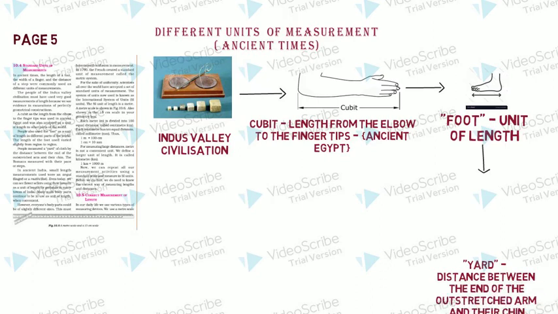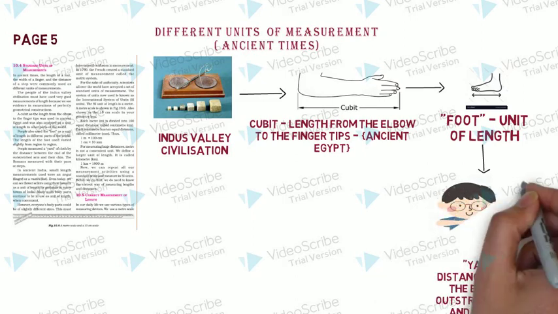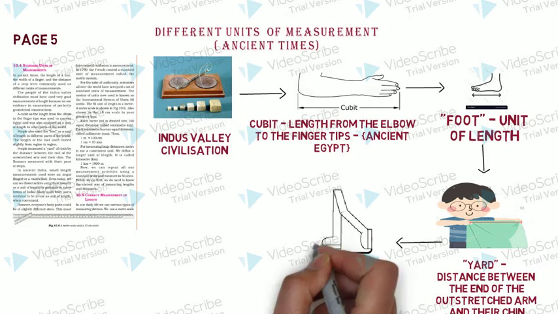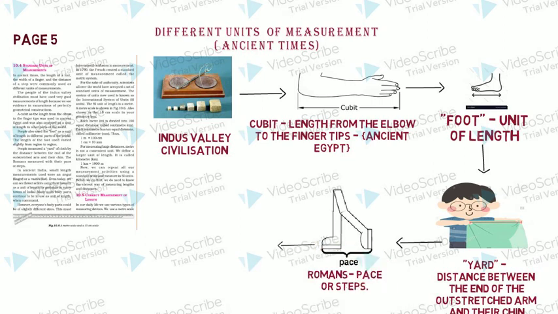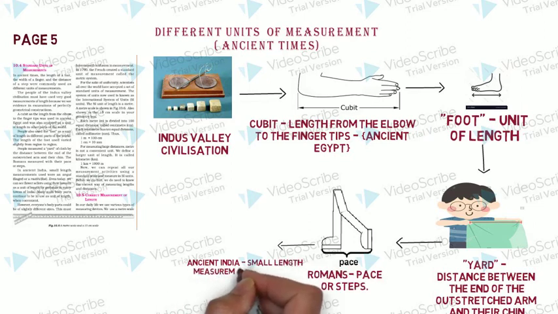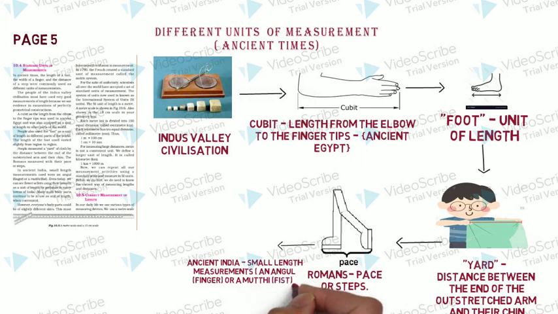Just have a look at the picture, you will get a clear explanation. From the chin to the outstretched arm, that is 1 yard. Next, pace: the Romans used pace or steps, the distance between one footstep and the other. In ancient India, smaller length measurements were called an ankul, that is a finger length, or a mutti, that is a fist length.